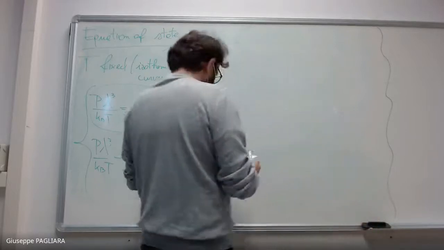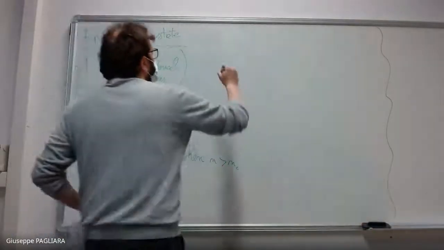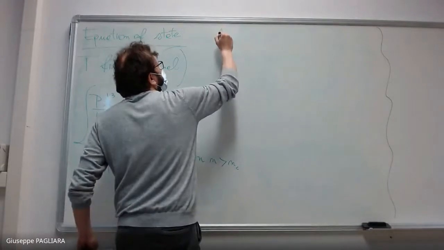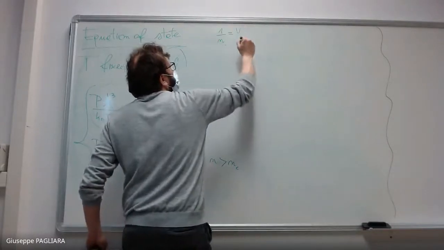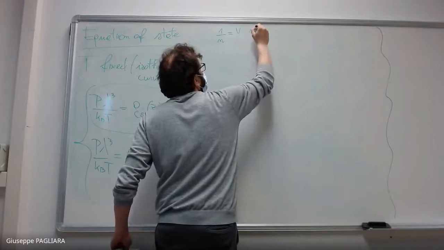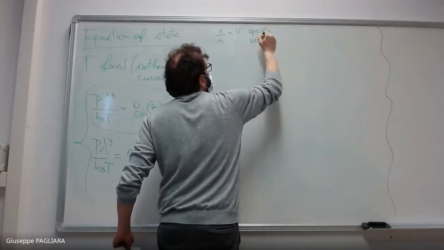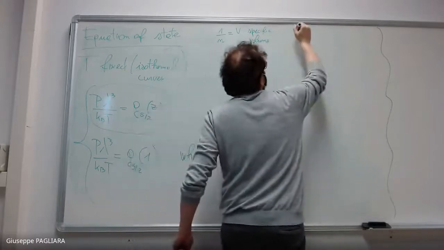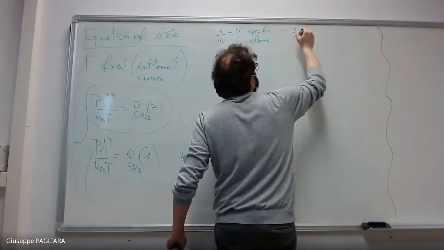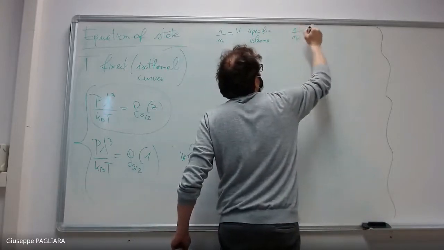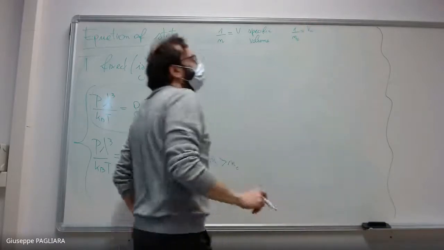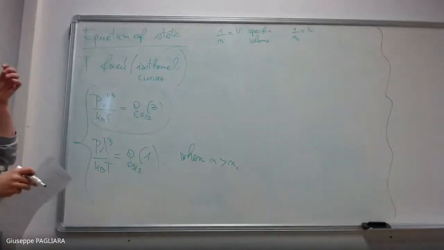Let me introduce the specific volume, 1 over n equal to v, called the specific volume. And if I consider the critical density 1 over nc, I will also get the critical specific volume vc.